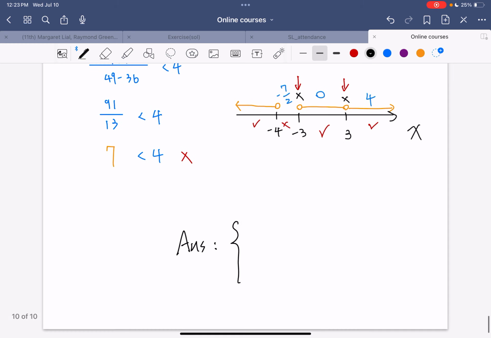For our answer, we can write x less than minus 4, minus 3 less than x less than 3, and the third part is x greater than 3. Okay, and you can also represent it this way.